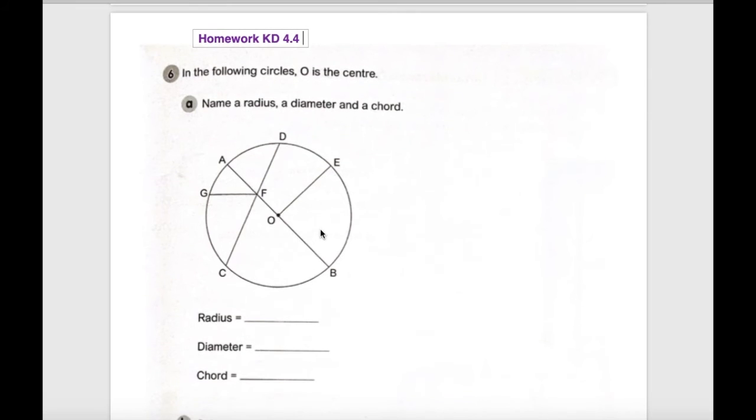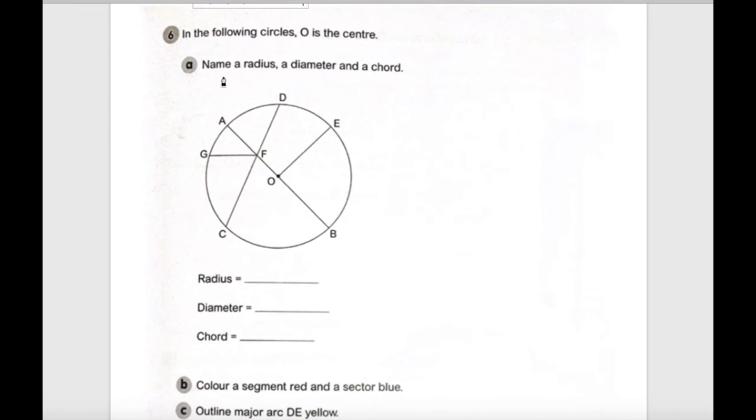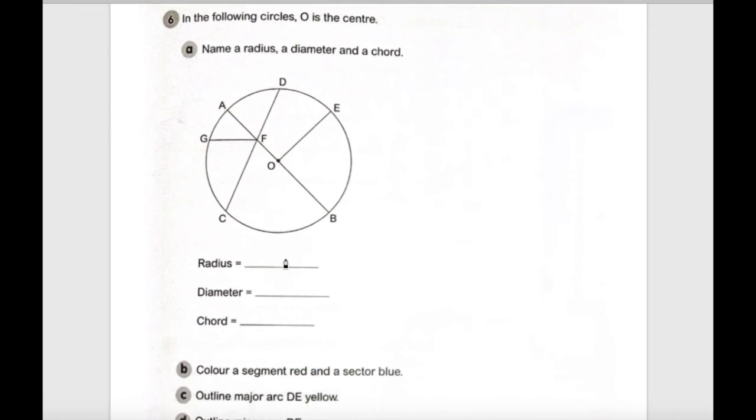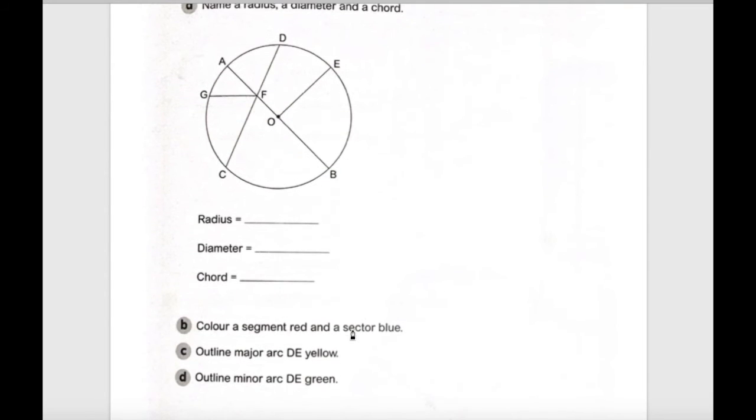Yes, this will be your homework also. Name the radius, diameter, and a chord. And then you have to color the segment red, the sector blue, outline the major arc. Berarti major arc itu busur yang besarnya. Berarti ini kan DE. Ya, tapi yang besarnya berarti yang sebelah sini. It should be yellow and the minor should be green. Ya.